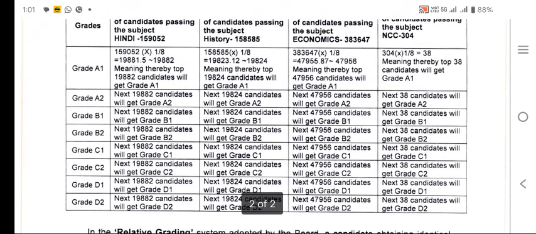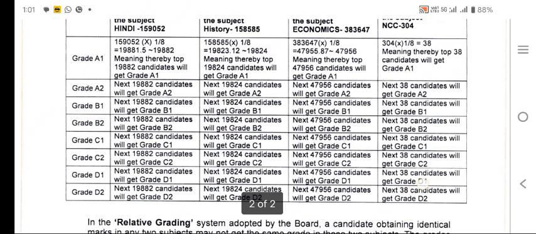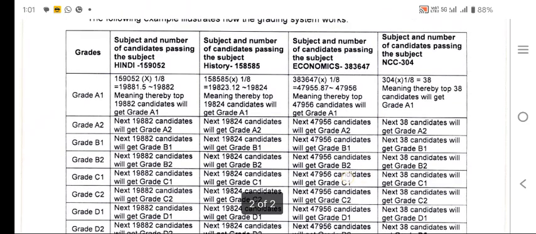That means, suppose the total number of candidates is 1,59,000 subject-wise. The first 1/8 will be awarded A1. The next 1/8 of candidates will be awarded A2. The same happens for history. Here you can see history, 1,58,585.